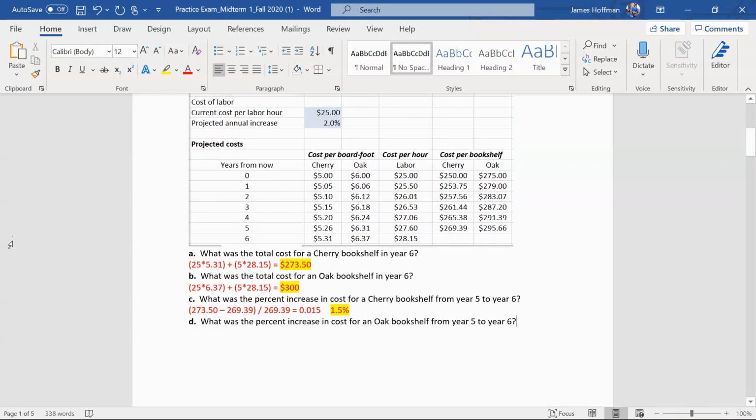Alright, let's do the same for the oak. What was the percent increase in cost for an oak bookshelf from year 5 to year 6? So that went from $295.66 to exactly $300. We'll do the same process.